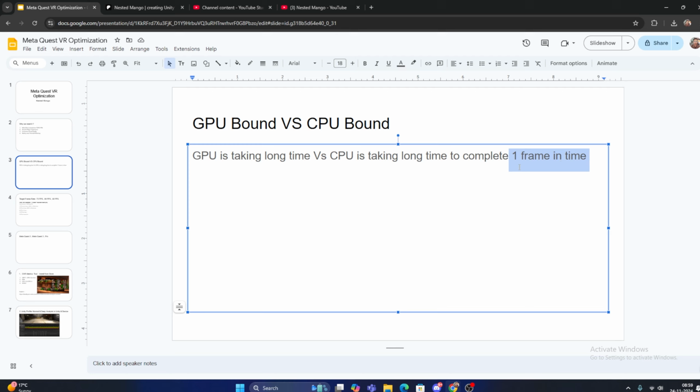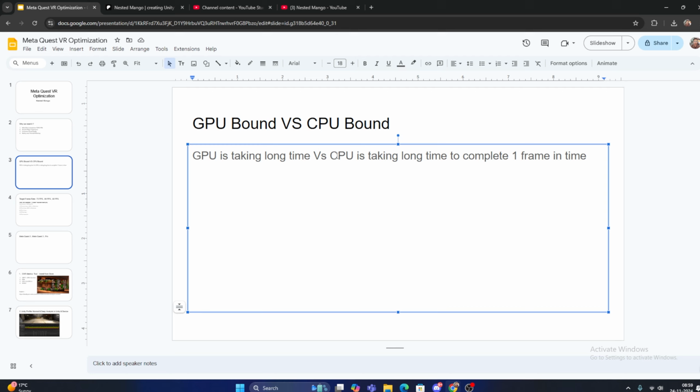Because, say there is one frame, and that frame is taking 15 ms. If your GPU is taking 16 ms, there will be no scope for the CPU. So the CPU waits for the GPU to complete its task, and then the CPU will start working. At that time it is called GPU bound.